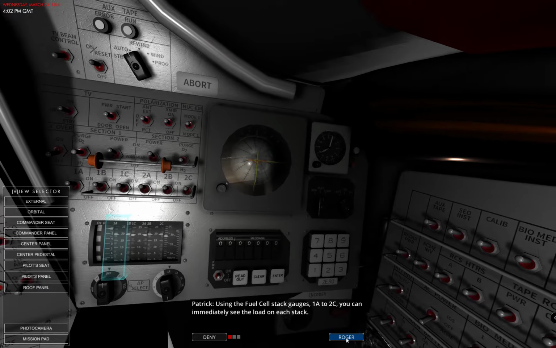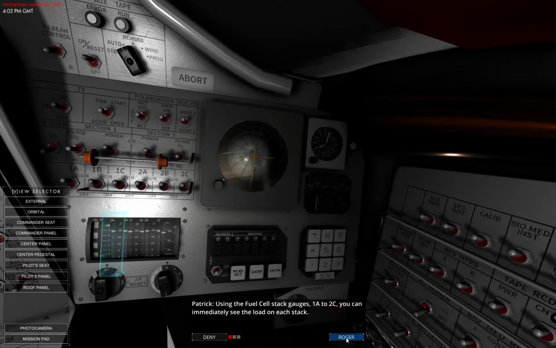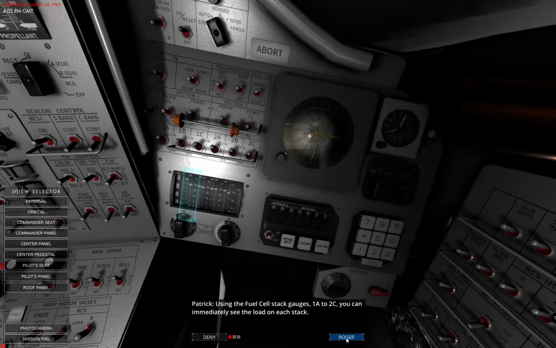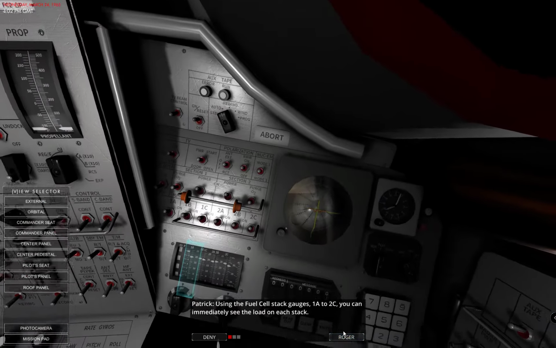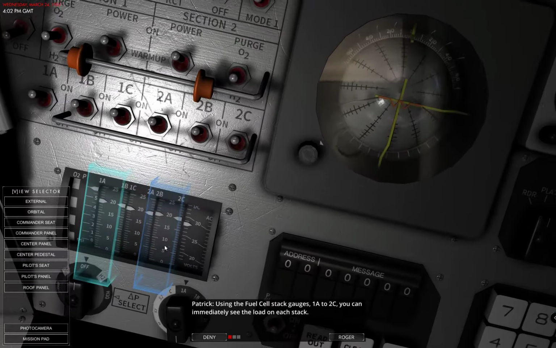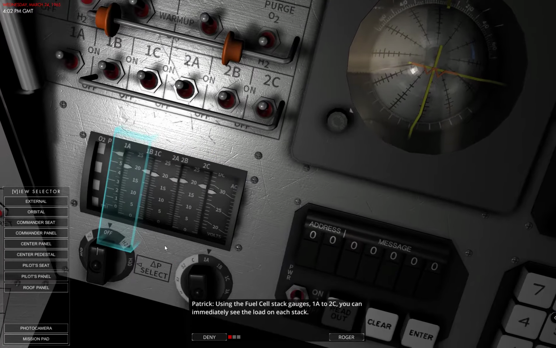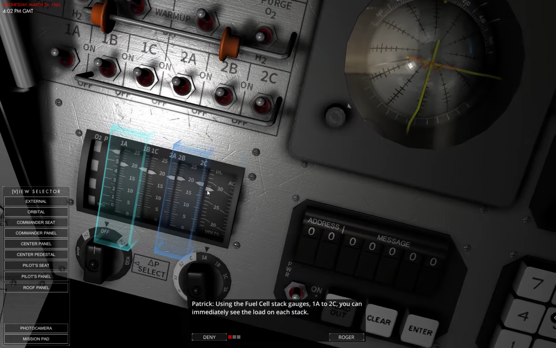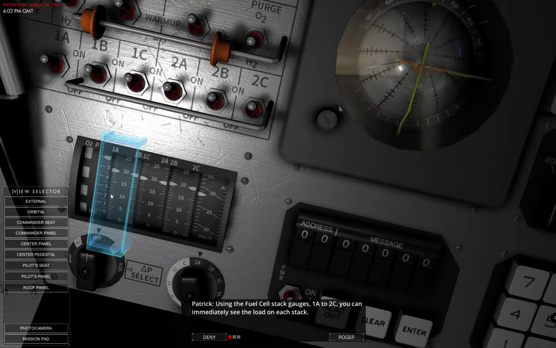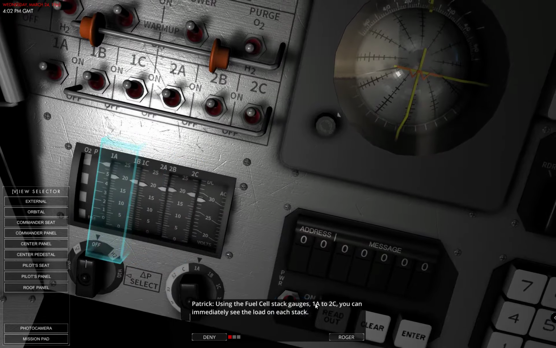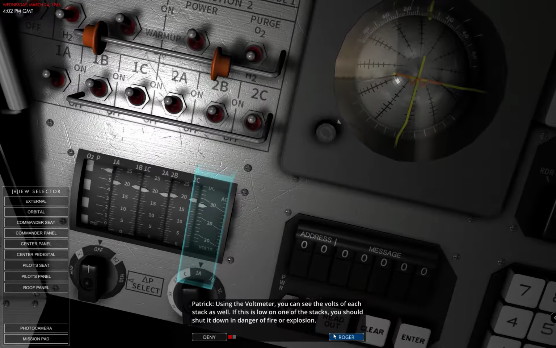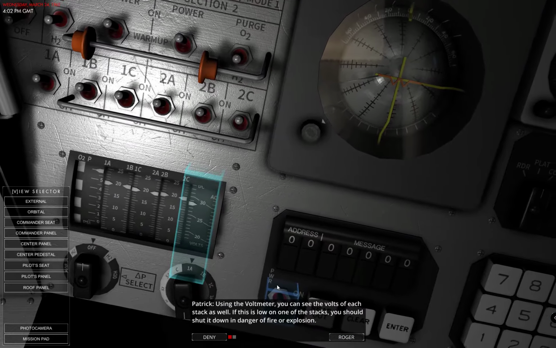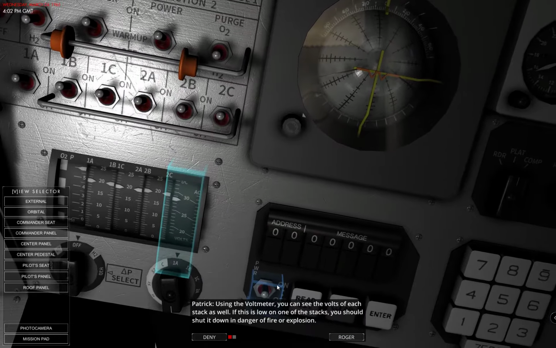Using the fuel cell stack gauges 1A to 2C, you can immediately see the load on each stack. Using the voltmeter, you can see the volts on each stack as well. If this is low on one of the stacks, you should shut it down in danger of fire or explosion.